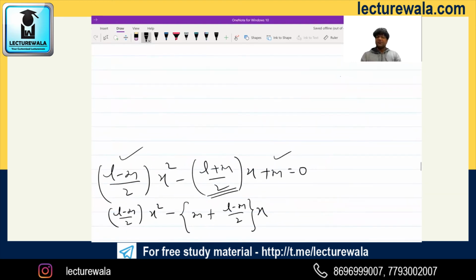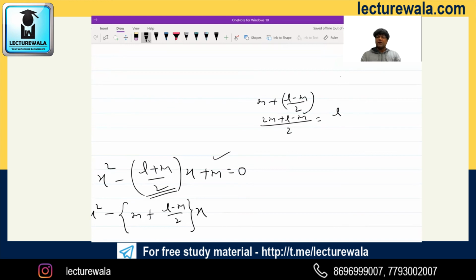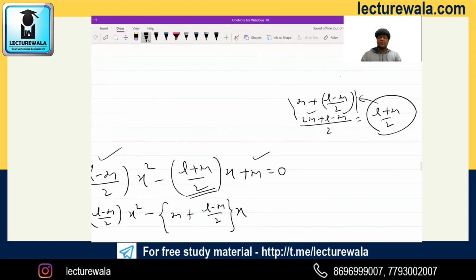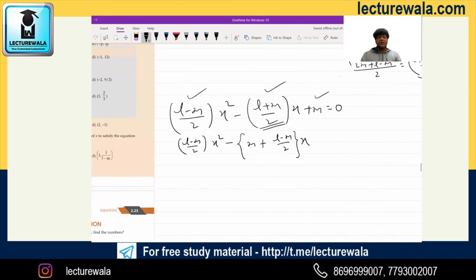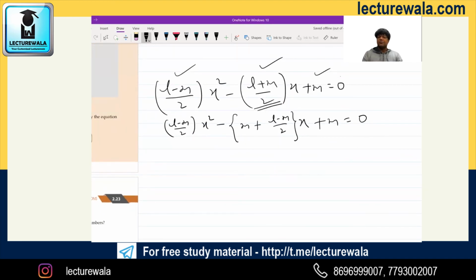See, M plus (L minus M)/2, if you add, the LCM will be 2, so (2M plus L minus M)/2, which equals (L plus M)/2. That means in place of (L plus M)/2, I can write this, and that I have done. You saw that I first checked by writing minus, then checked the calculation and it was not satisfying, so I made it plus. So plus M is equal to 0. And now the question is dead, guys. It's over. Sir, how? Look.